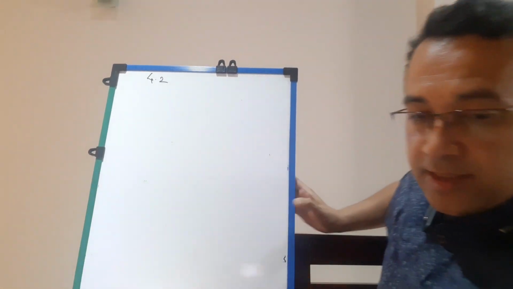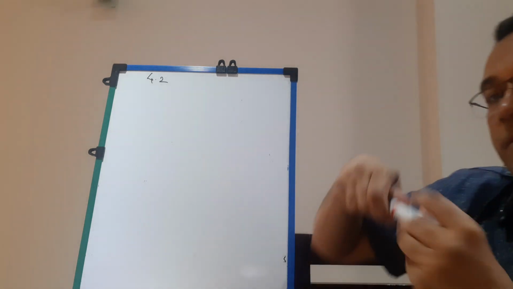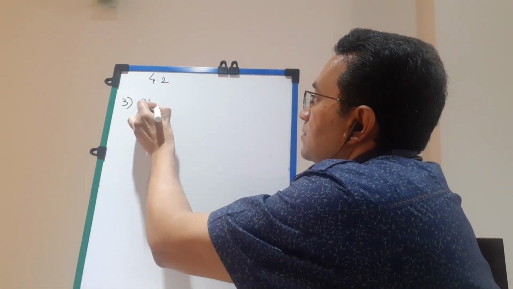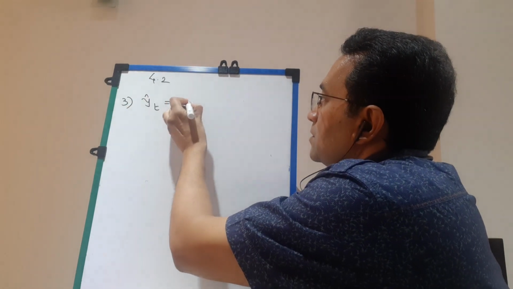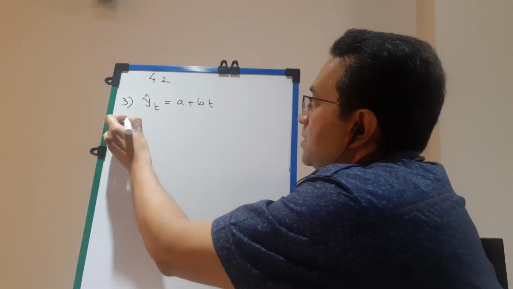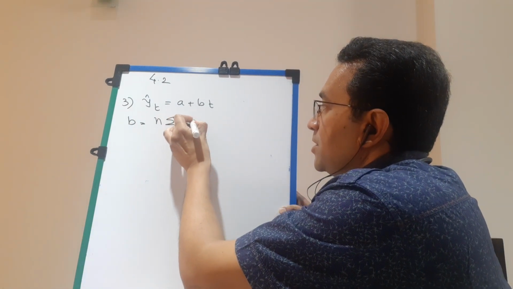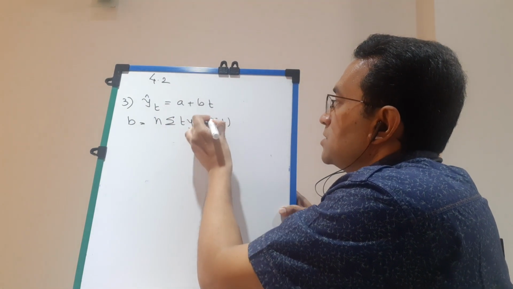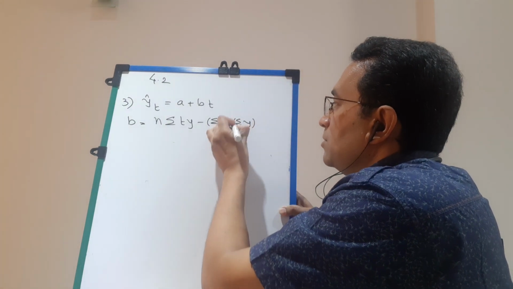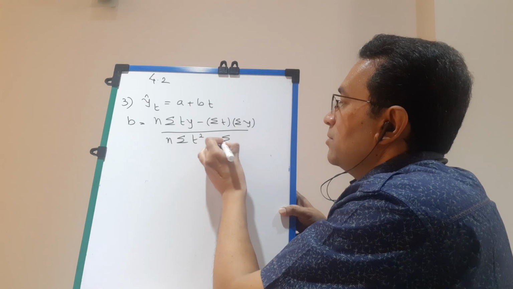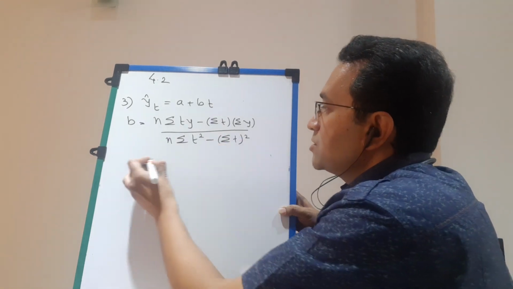Our trend line is yt cap is equal to a plus bt. b will have the formula, so that statement I am ignoring: n sigma ty minus sigma t into sigma y upon n sigma t square minus sigma t the whole square.